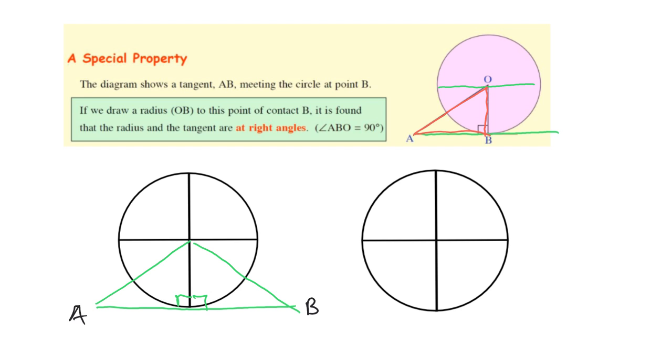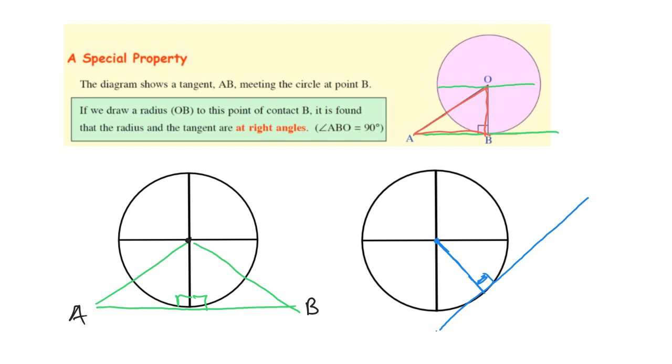Now that can be true if we take the line from the center, no matter where the tangent is. If you look at the second circle, although the line's not absolutely perfect, if we were to take a line, whether it be a radius or a diameter, and have that meet the tangent, then the radius or the diameter would meet the tangent at right angles.